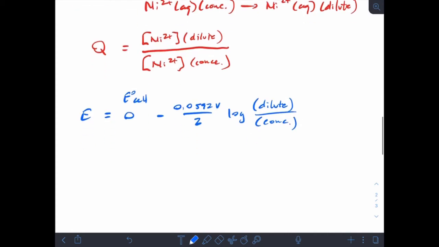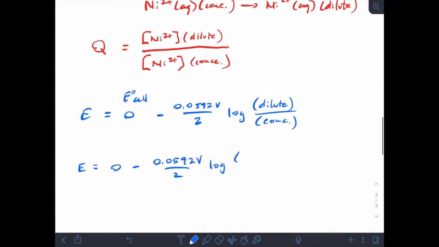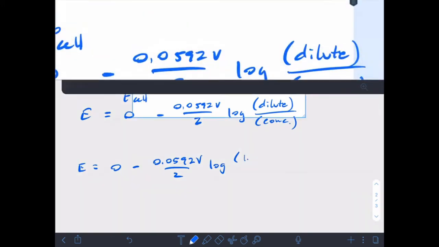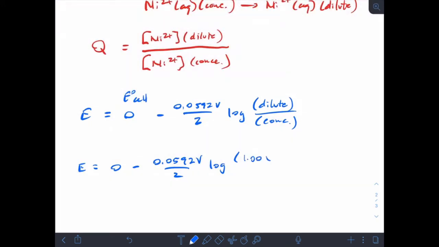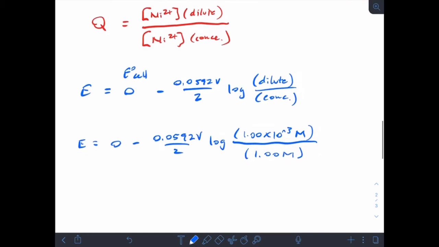All right, so let's go ahead and plug in some numbers here. My concentration of the dilute was to the minus 3 molar, and my concentrated side was 1 molar. When we do that arithmetic, we end up with an E equals plus 0.